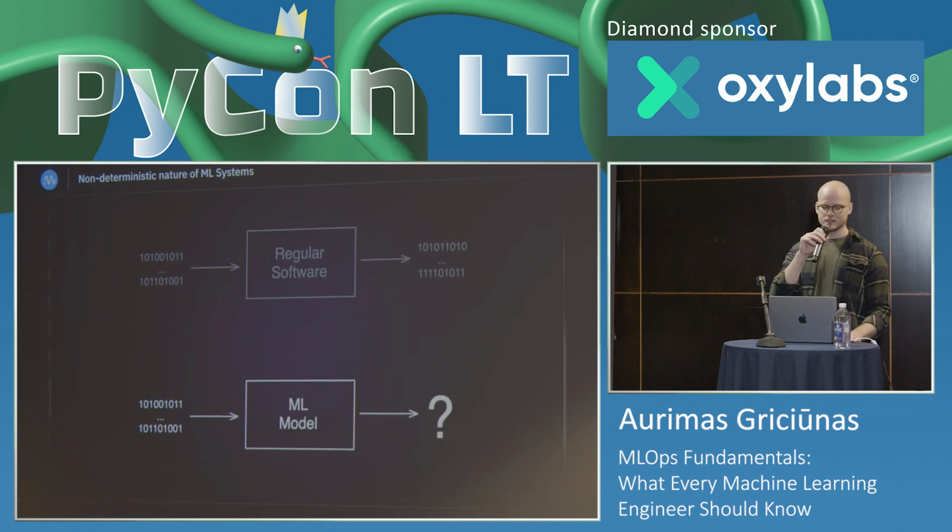When it comes to machine learning, though, it's a little bit more complicated because there is a lot of dependencies on the data itself. So what data is used to produce the model, and the nature of the data itself is also stochastic. So it's really hard to say what kind of outputs the model will produce.